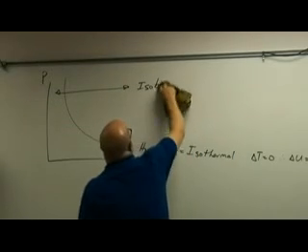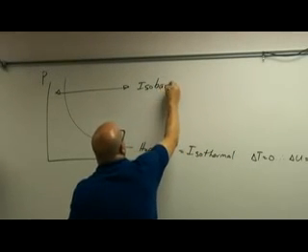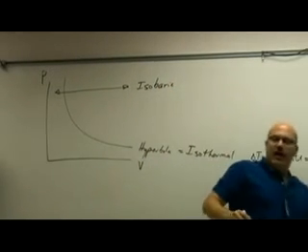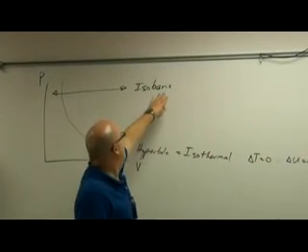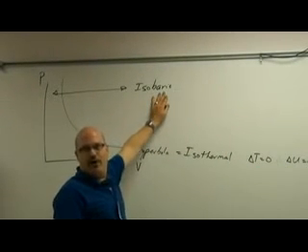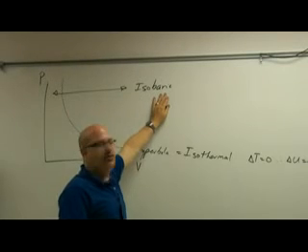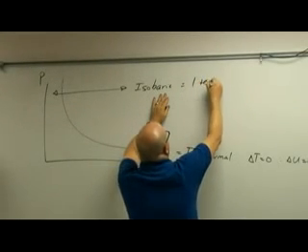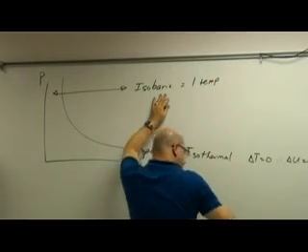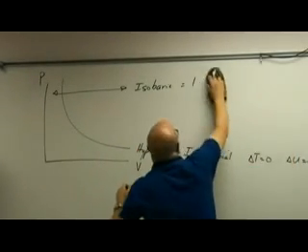Isobaric, like a barometer. If you've ever listened to the weather and they talk about barometric pressure, baric, or barometer, has to do with pressure. So isobaric means one pressure.